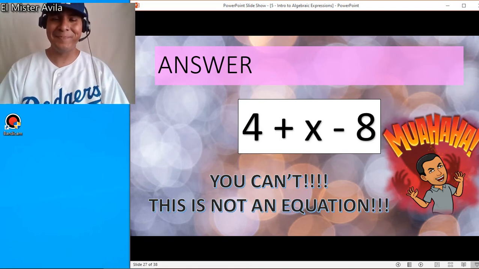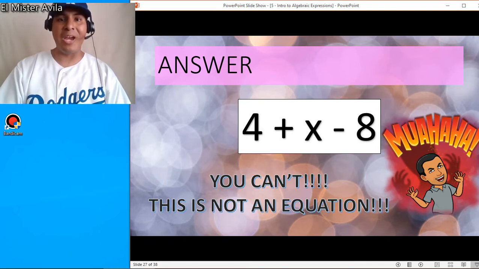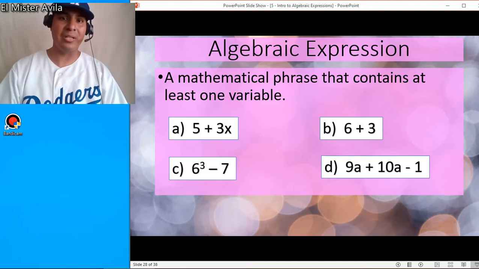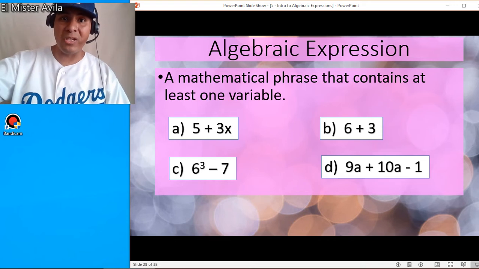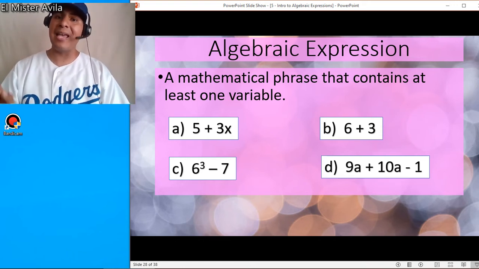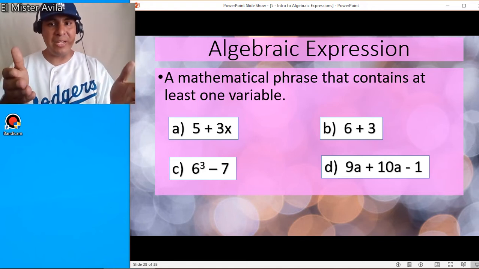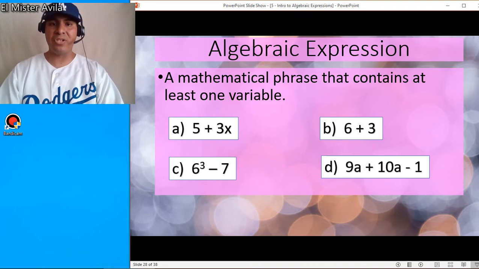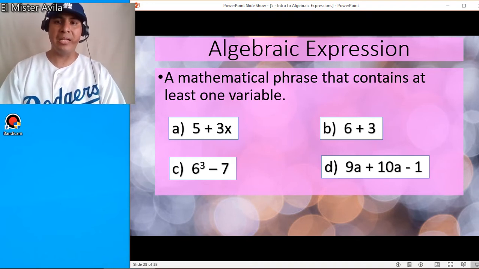Hopefully you didn't guess. Because it's not an equation, we're going to give this another name, and that is called an algebraic expression. We already talked about algebraic equations. Now this is an algebraic expression. And that's a mathematical phrase that contains at least one variable. Between here, A, B, C, and D, which ones are algebraic expressions?